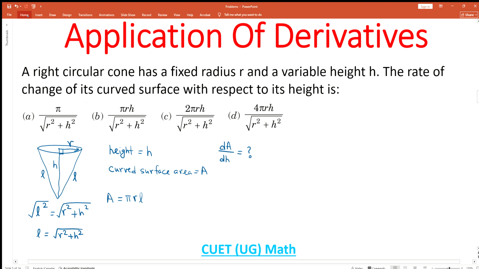We can ignore the negative sign case when we apply the square root because the value of L cannot be negative. We can do the substitution for L in the curved surface area formula.